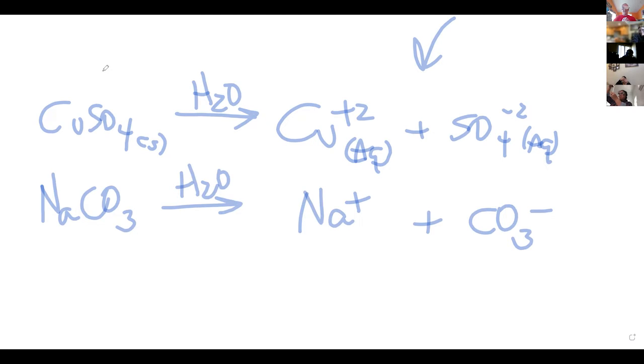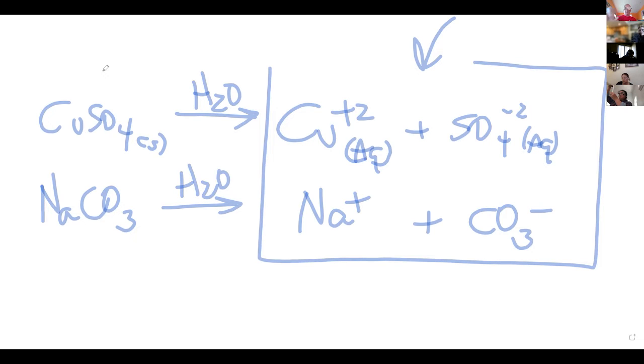When I mix them together, this is what I have all at the same time in my test tube. So the question is, what new compounds can form out of this?